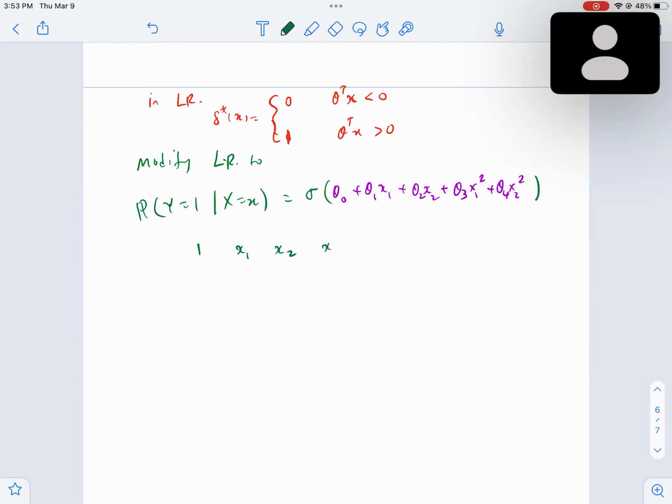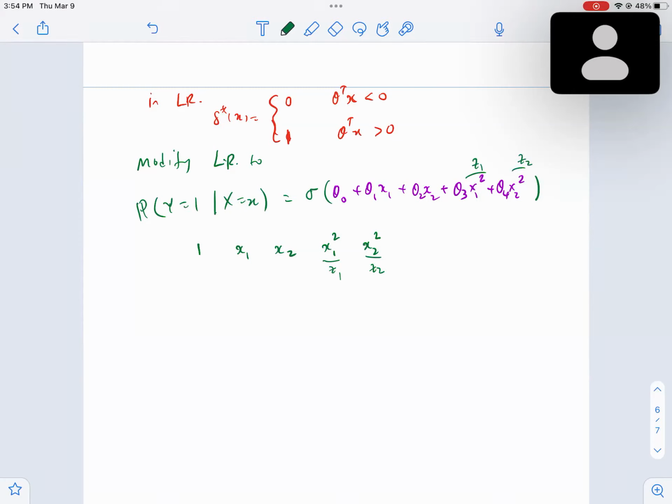Now I'm adding x1 squared and x2 squared, and I have 5 features. Now I can treat these as new features. This could be z1, this is z2. I constructed my new features. In these new features, the model is linear.